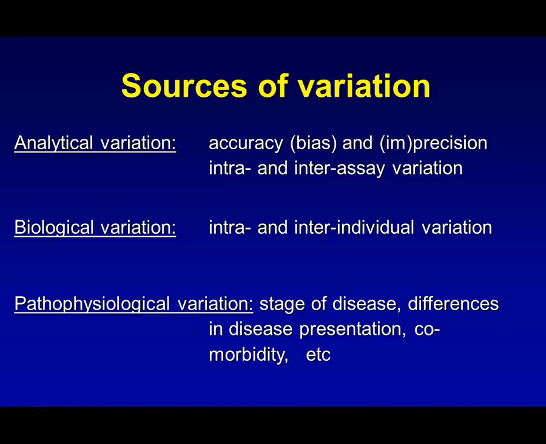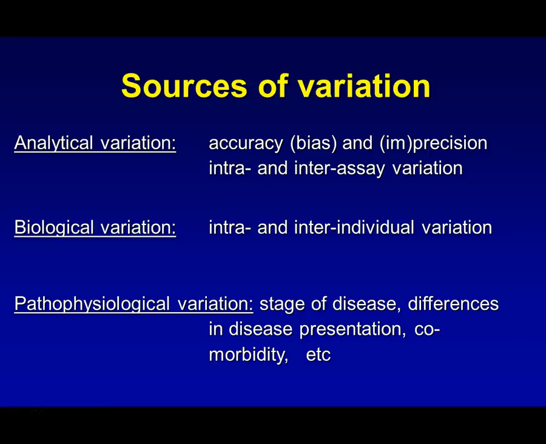When we check out the sources of variation, we also talked about analytical variation. Accuracy is: do we measure the right value, which is very difficult in clinical chemistry, especially when hormones are measured, because it's very difficult to establish the true value.